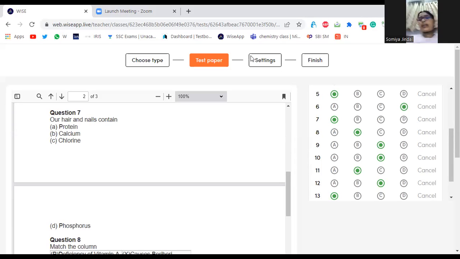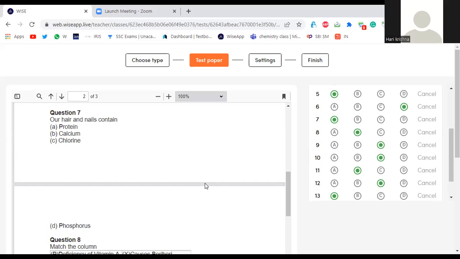You have to be careful with the laptop. I selected protein and it selected calcium. Our hair and nails contain mainly protein only, not calcium. We know, sir, but our answer is getting changed. We have to be very careful. It's a protein only answer.